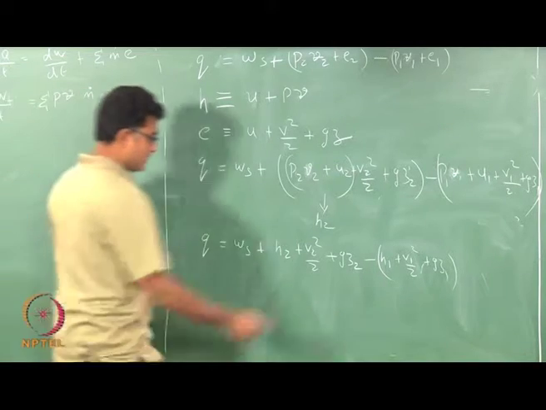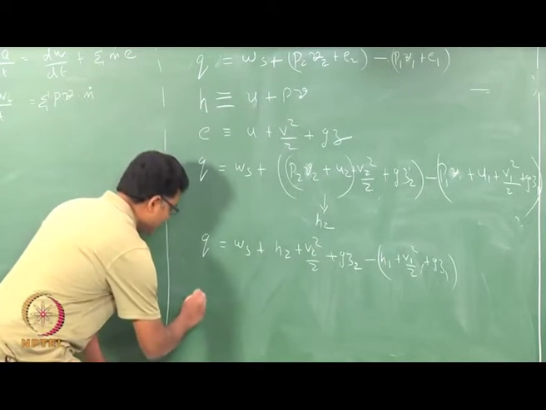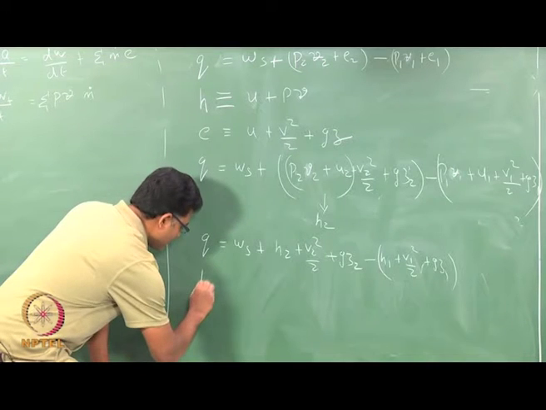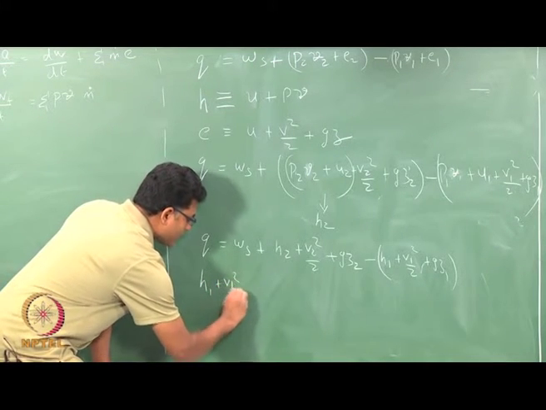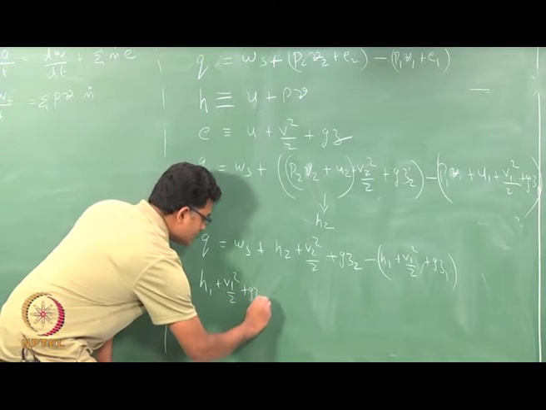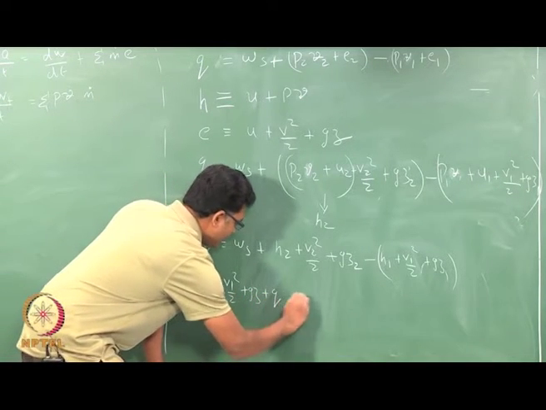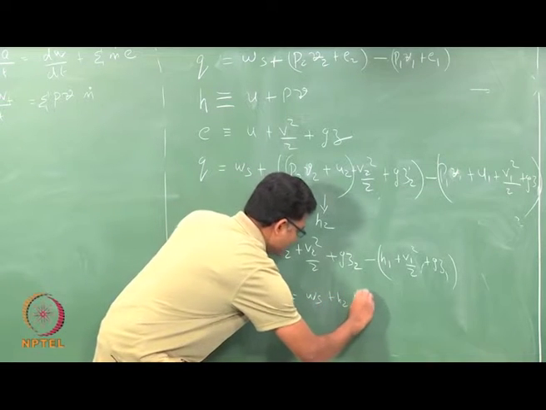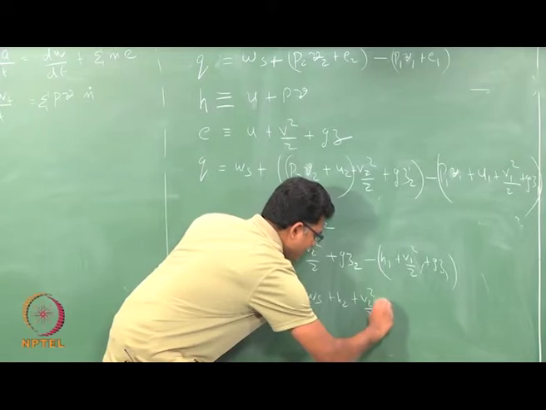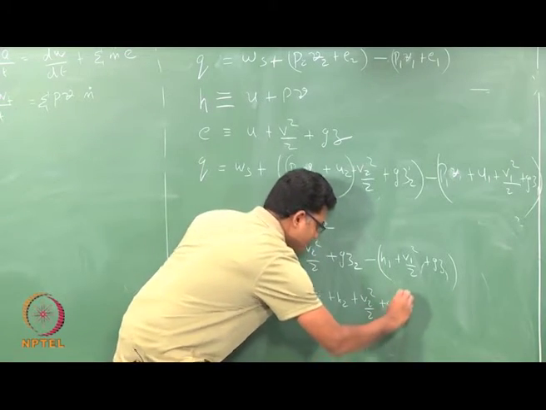Now, I take this quantity here. So, this would be h1 plus V1 square by 2 plus g Z1 plus q equals Ws plus h2 plus V2 square by 2 plus g Z2.